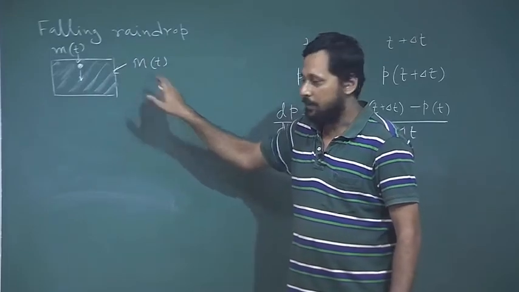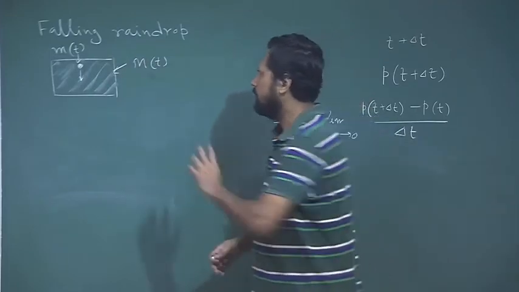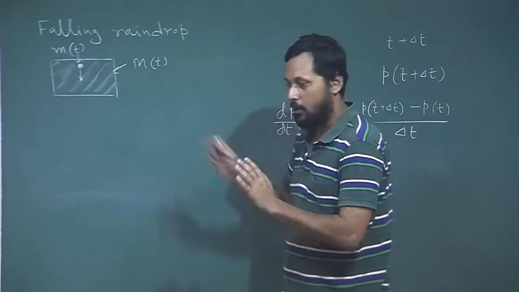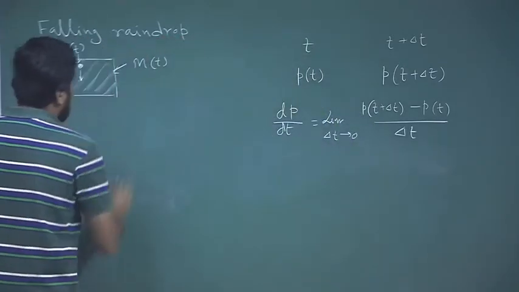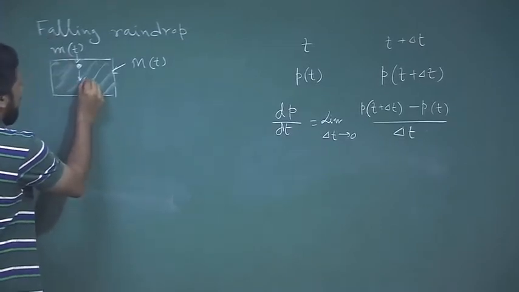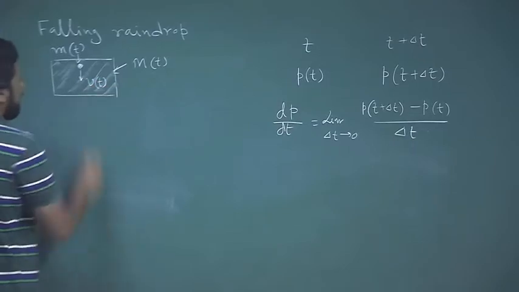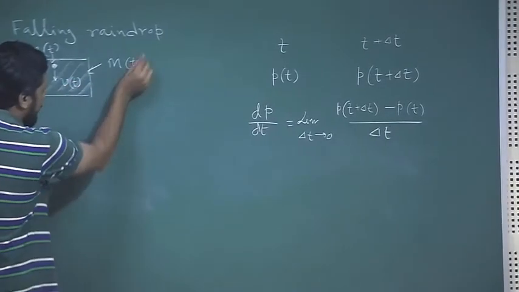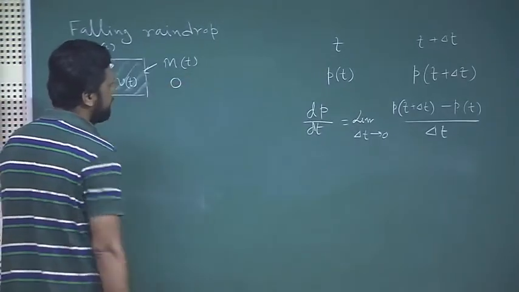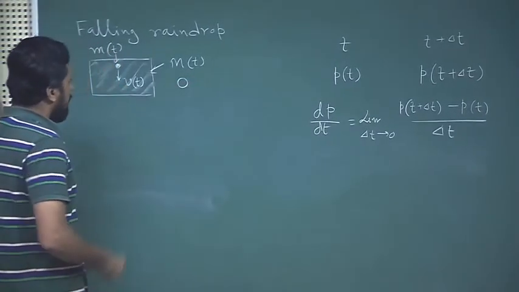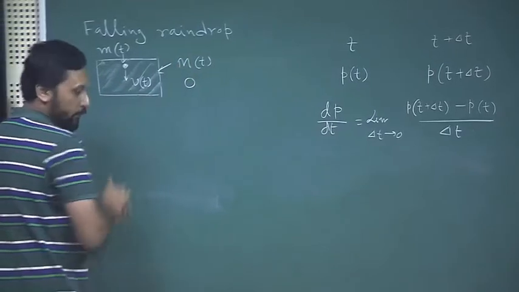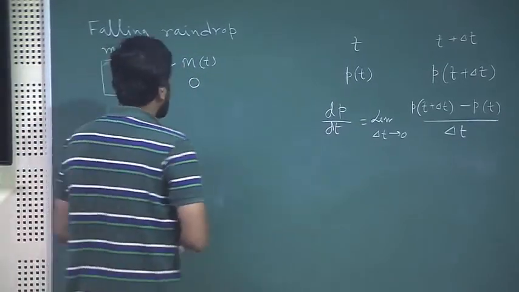But once we construct the equations, we will see that only this term will appear and not that term. Why? Because this is a stationary cloud. The velocity of this falling raindrop, we can assume to be v, which is also a function of time, but the velocity of the cloud, because it is stationary, is 0. So, this is the situation at time t. Now, what happens at a time t plus delta t?